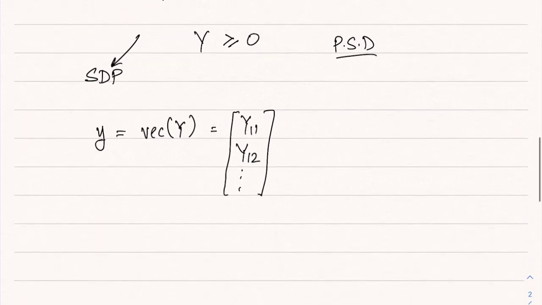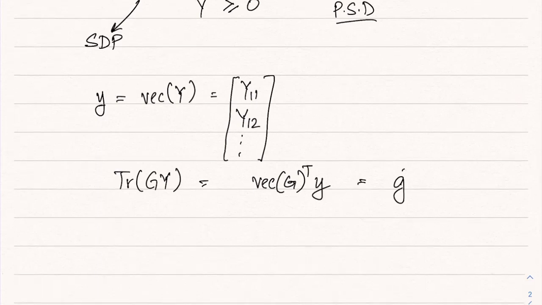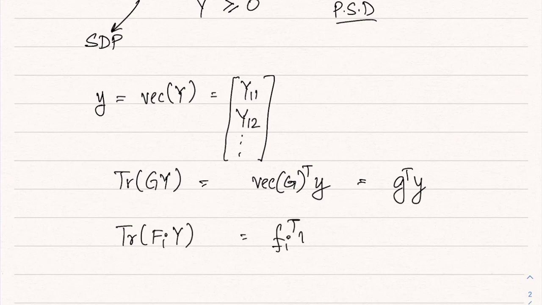Then observe that trace of GY is nothing but the vectorized version of G transpose y, so you can call it g transpose y, where small g is the vectorized version of capital G. And likewise, trace of Fi Y can be written as the vectorized version of Fi transpose y. So both of these are written in terms of the vector y.